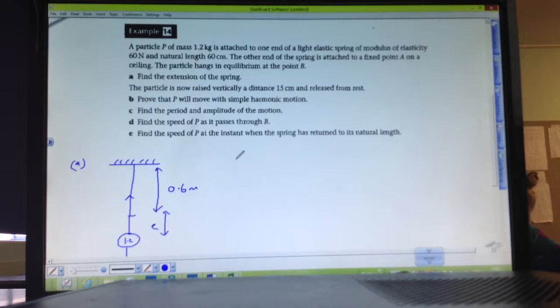Okay, so we've got that bit there. So using Hooke's law, I might as well put across here that lambda is equal to 60 newtons. So the tension is equal to lambda, which is 60, multiplied by the extension, which happens to be E, all over the natural length, which is 0.6.